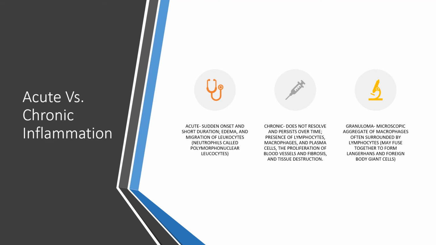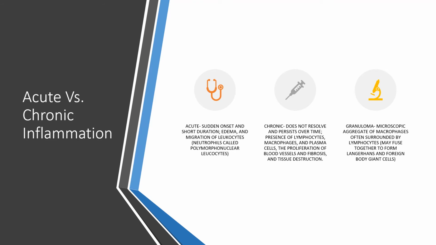And what I want you to know mainly from this slide is, what are the hallmarks of chronic inflammation? Hallmarks are the accumulation of the macrophages, the lymphocytes, as well as the plasma cells. So when we have all three of these cells present, these cells are indicative of chronic inflammation.